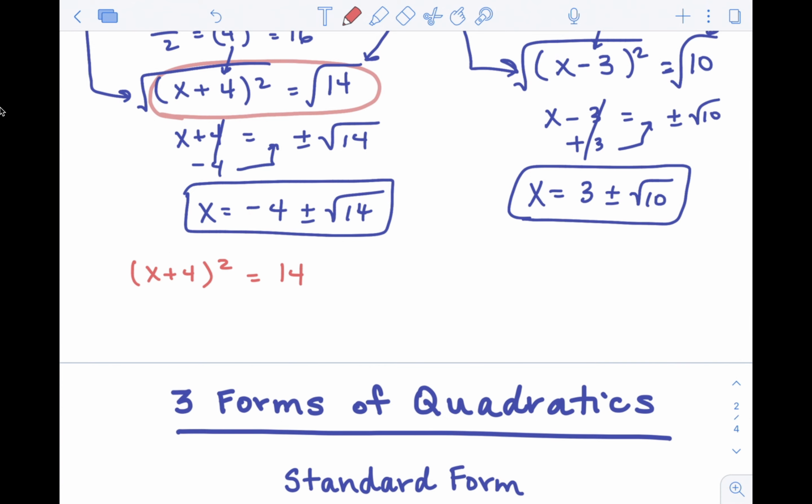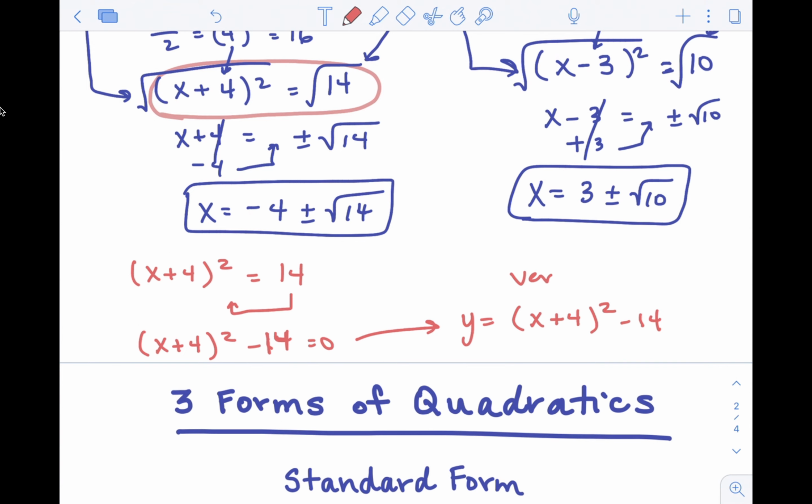If you would have simply moved over the 14, you would have had x plus 4 squared minus 14 equals 0. Realizing that that is in vertex form, y equals x plus 4 squared minus 14, you'd be able to tell me that the vertex is at -4, -14.